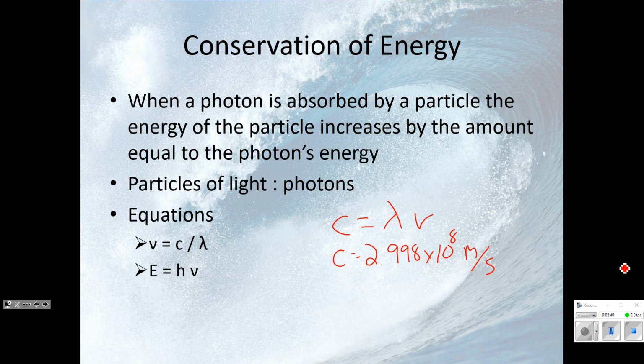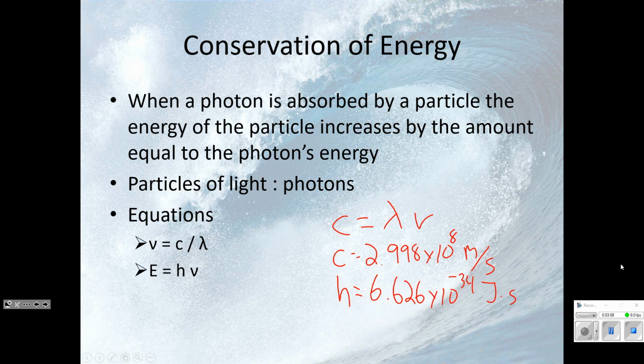Now, h is another constant that is given to you. This is Planck's constant. And once again, for some reason, they gave you one more sig dig than we give you in Chem 1: 6.626 times 10 to the negative 34th. And the unit is a joule second, which that unit really doesn't mean much of anything.